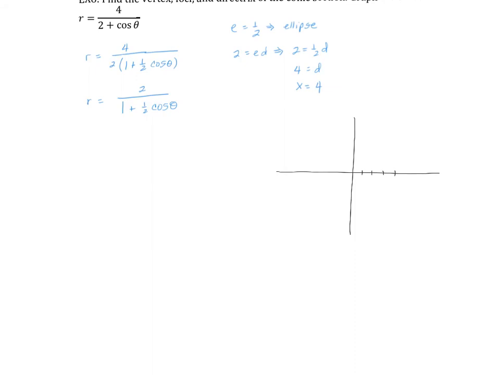And I'm going to draw this directrix, which, the equation for that would be x equal to 4. That should be one of my directrices. I should have another one. I also recall that one of our foci will be at the origin. So I'm going to have a focus at the origin.